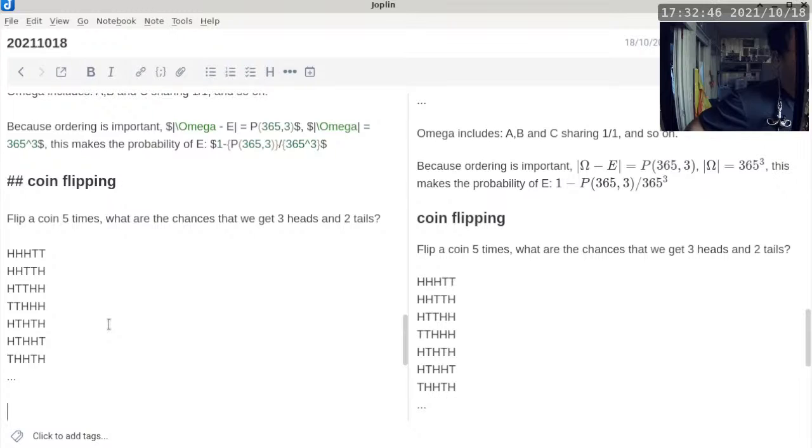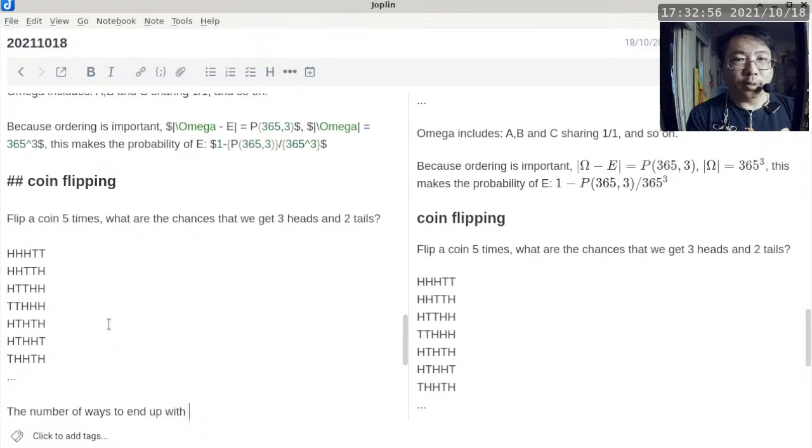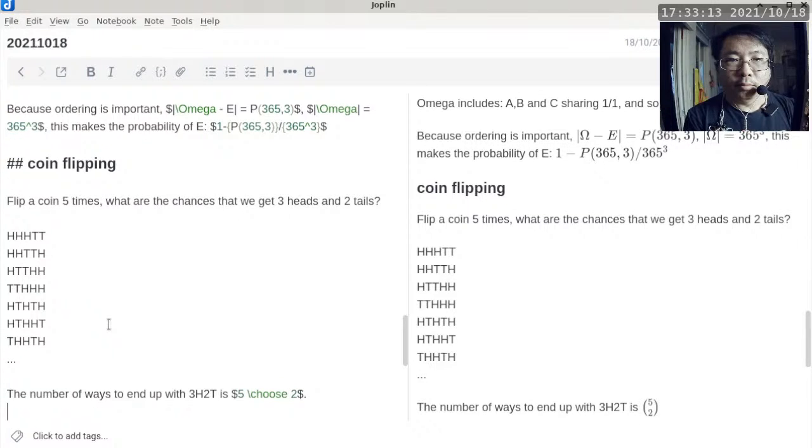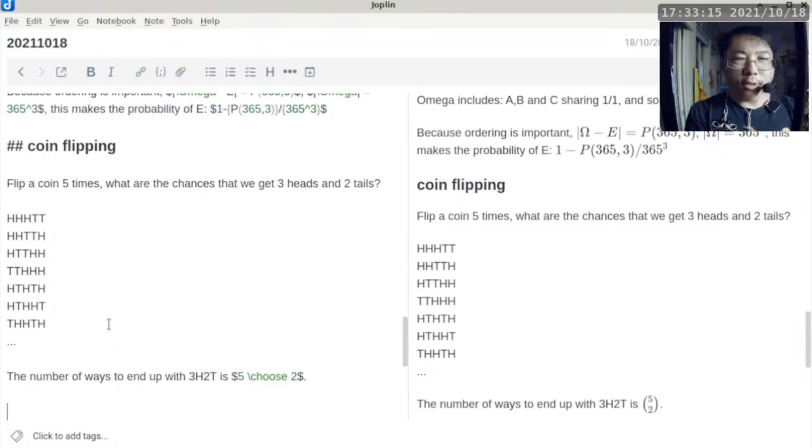Okay, aha, finally, Adam is correct: 5 choose 2. So the number of ways to end up with 3 heads and 2 tails is, and I'm going to use the fancy math thing here, 5 choose 2. Then you guys go like, what?